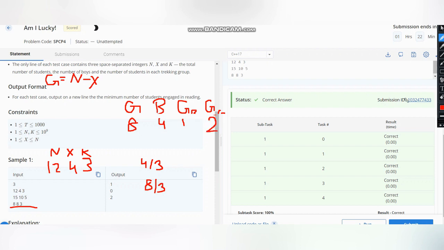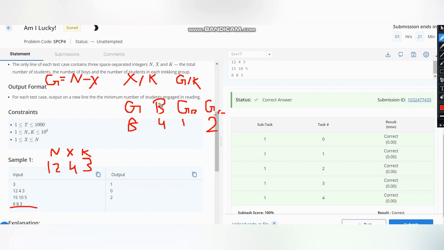So the number of groups is 2 for girls. So here what we get is X divided by K and G divided by K. This is what we get as the number of groups.